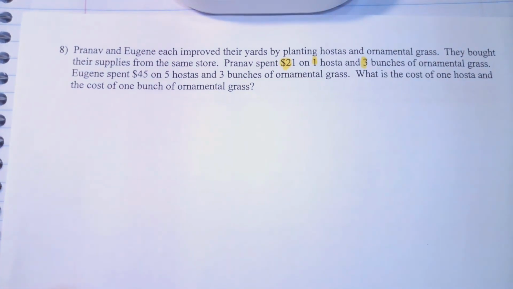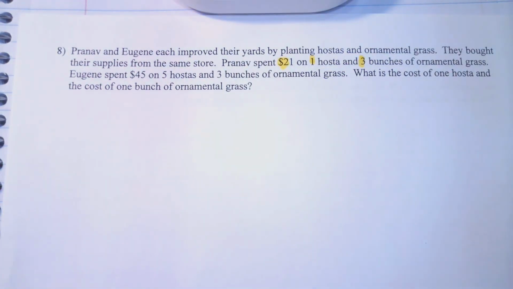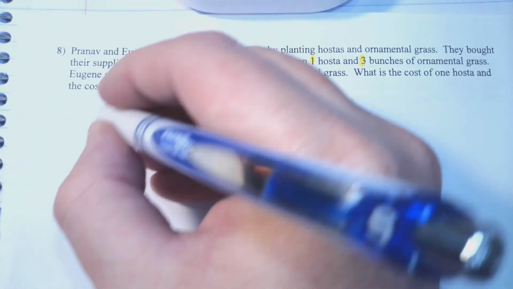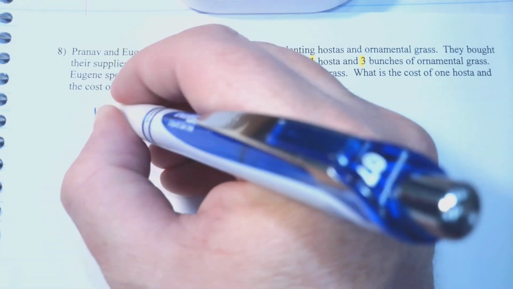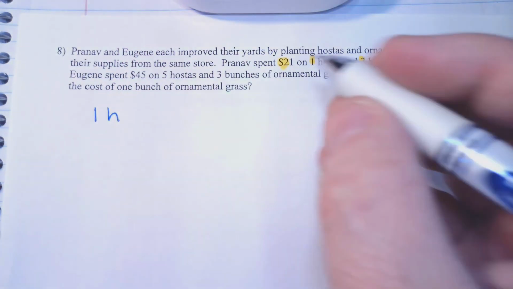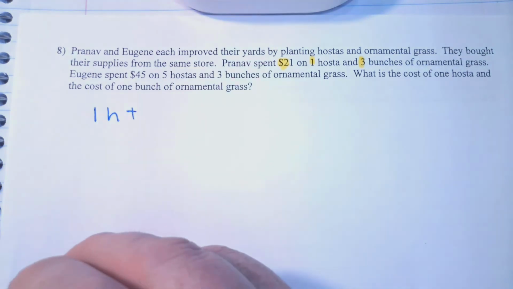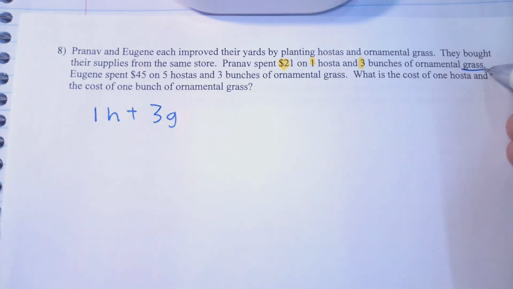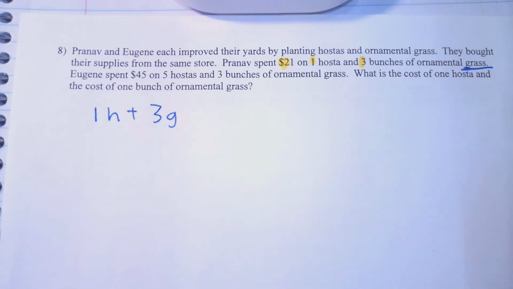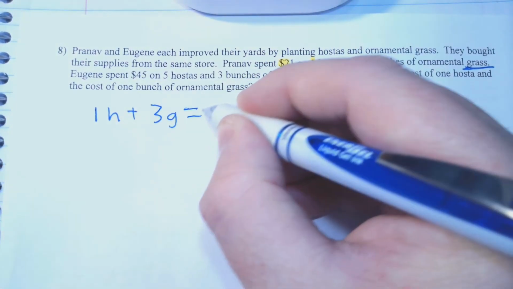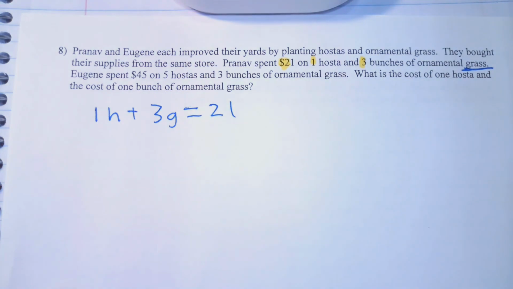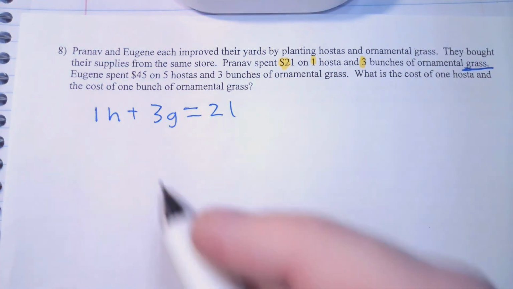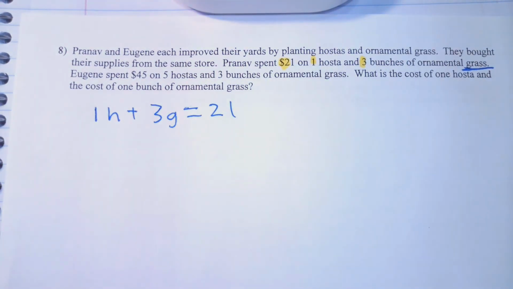Okay, and I don't really like putting in this order. I can, but that's not how I'm used to seeing my problems. I would rather do this. 1 hosta plus 3, and I put G for grass, because ultimately that's what it is, right? equals $21. Is that what it's saying? Eugene spent 45.